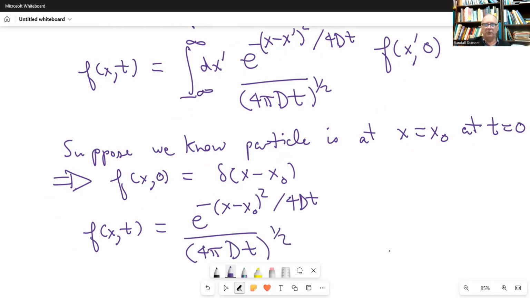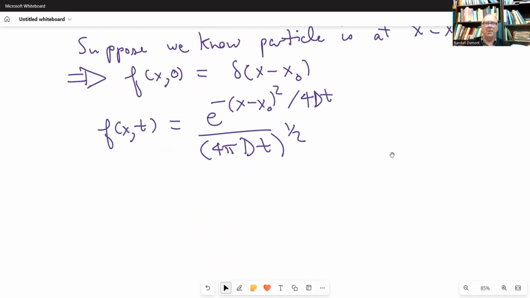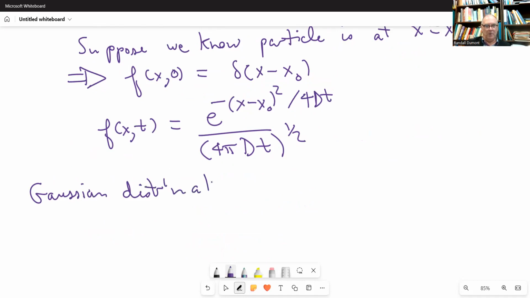So we get a Gaussian distribution at time t with width equal to the square root of this.